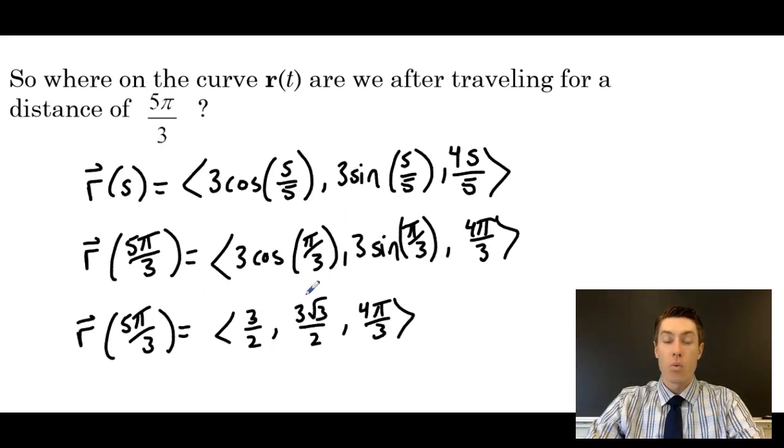Okay, so that's one of the motivations of why we reparameterize vector valued functions in terms of arc length as opposed to time. It doesn't happen often, but there are situations where we must do so. And we're going to look at that as we proceed through this course, in situations where it makes more sense to talk in terms of distance as opposed to time.